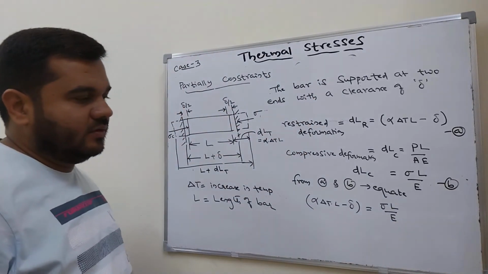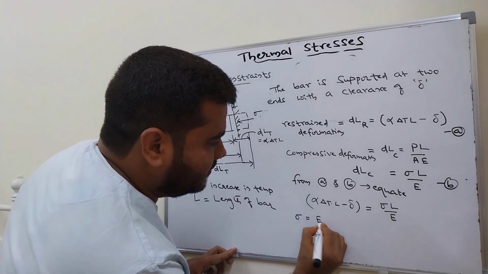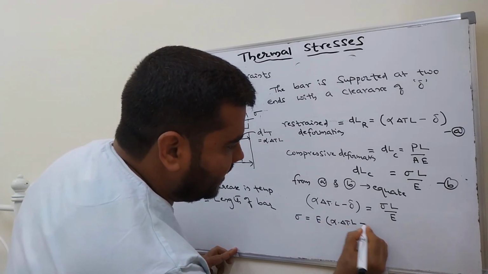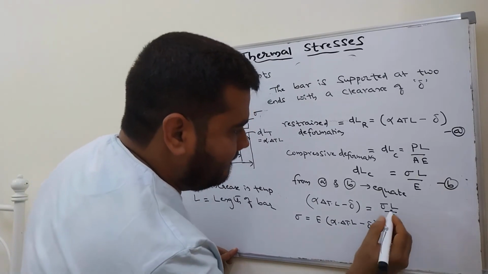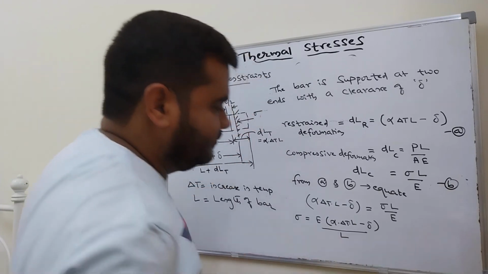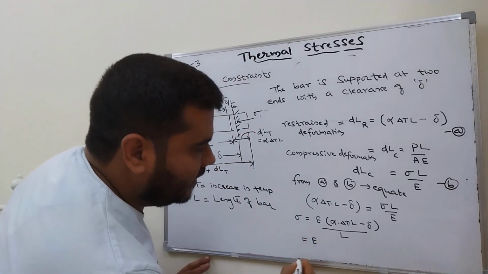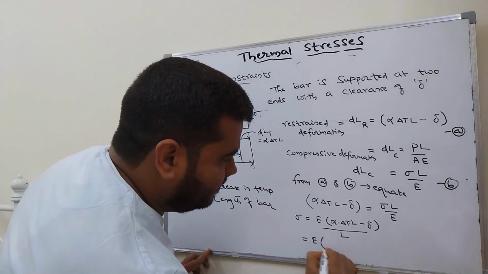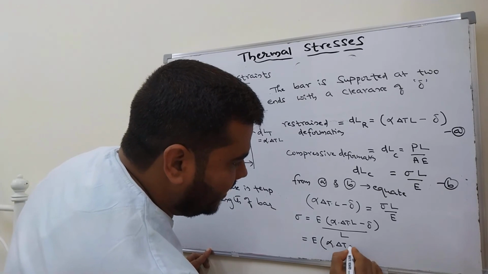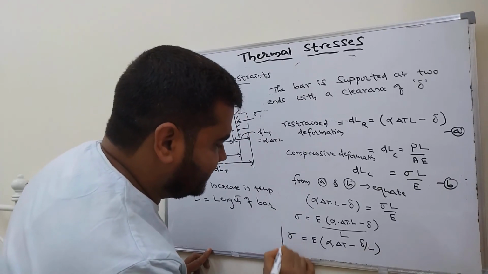We want stress equal to E into alpha delta T into L minus delta, divided by L. So this will be equal to E into alpha into delta T, the change in temperature, minus delta divided by L. This is the stress.